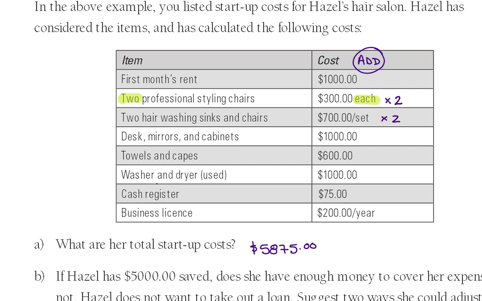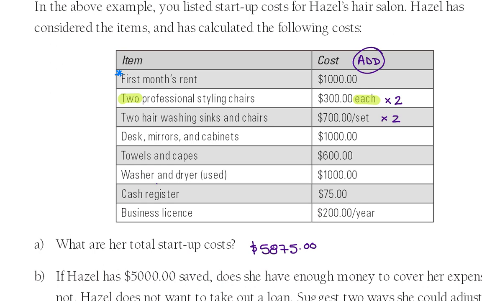Now, there is one thing on here, or a couple of things on here, which will be recurring, right? They haven't asked us that yet. I don't know if they will. But just to start thinking about future questions, our monthly rent is going to be a recurring expense, right?